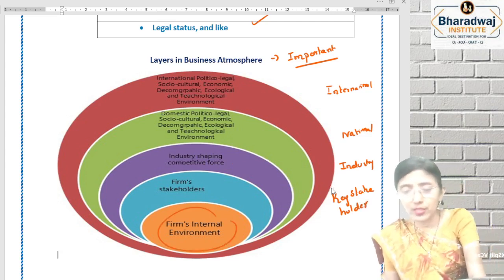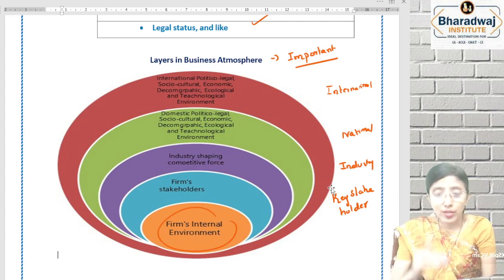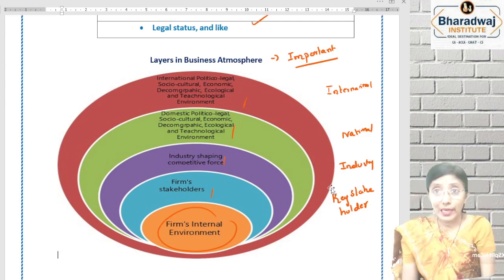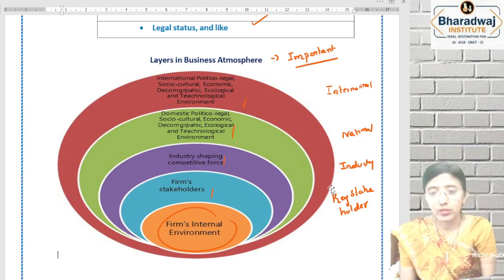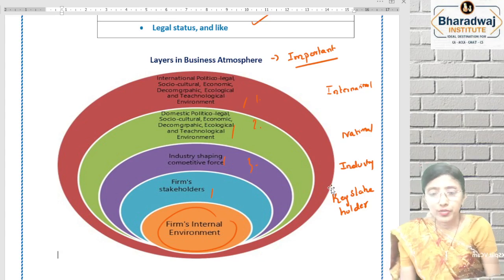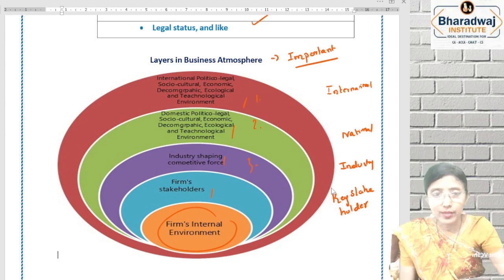Internal environment is your management, which has to look into these layers in the business atmosphere. All the four, if they give you 4 layers as options 1, 2, 3, say all of the above. If they club two and give 1, 2, 3, 4, all of the above is your layer.